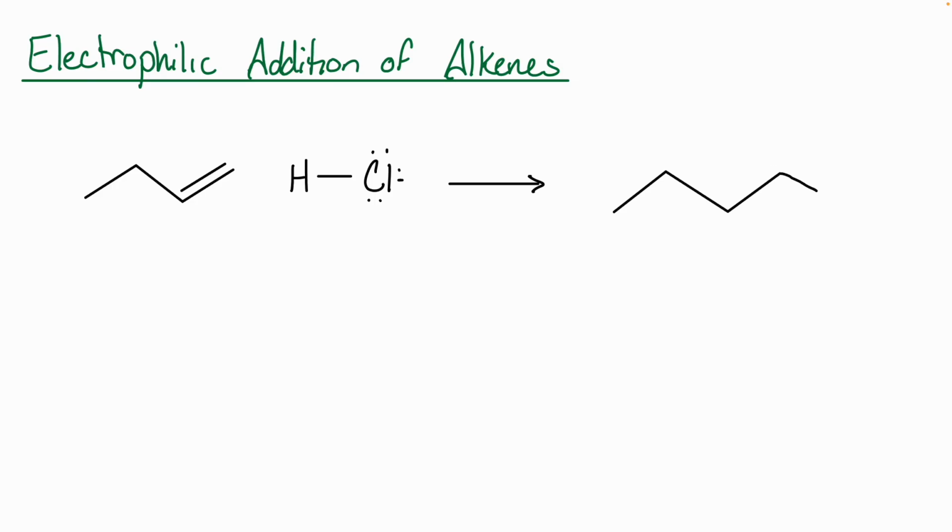We're going to add to one side of that carbon-carbon double bond. One of those carbons gets the hydrogen, the other carbon gets that chlorine. So we've added that HCl to our molecule. This is our electrophilic addition reaction.